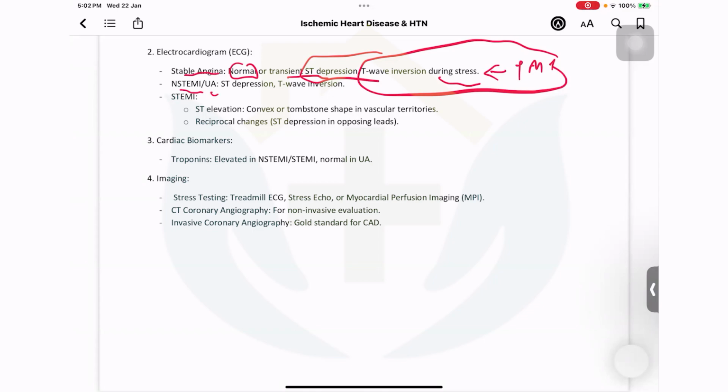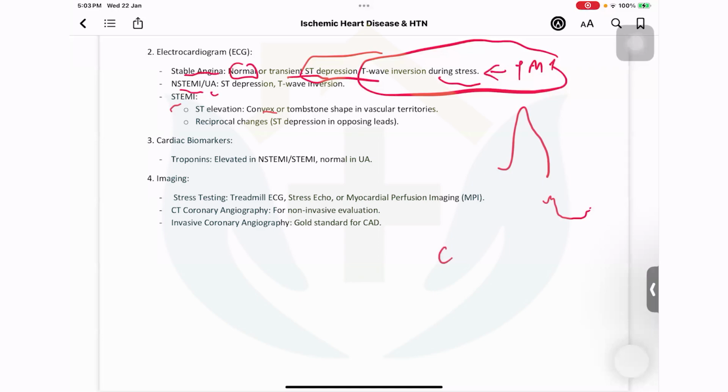In non-STEMI and unstable angina, you will definitely find ST depression and T wave inversion. In STEMI, you will find ST elevation, convex or tombstone shaped, in vascular territories. And of course, reciprocal changes will be seen as ST depression in opposing leads.